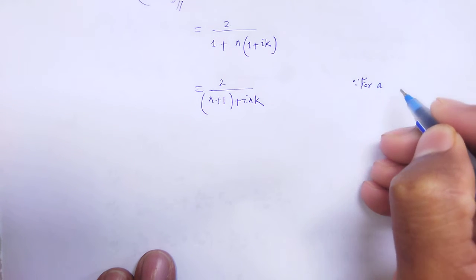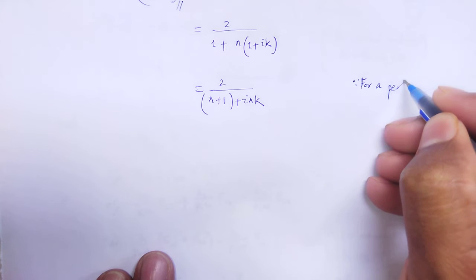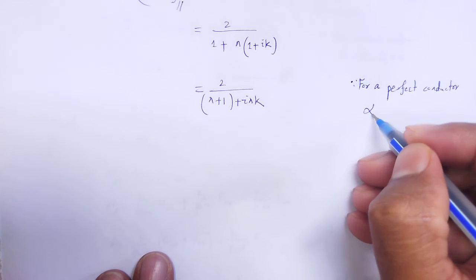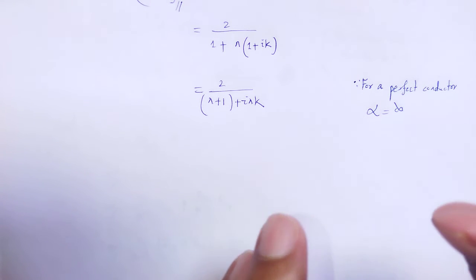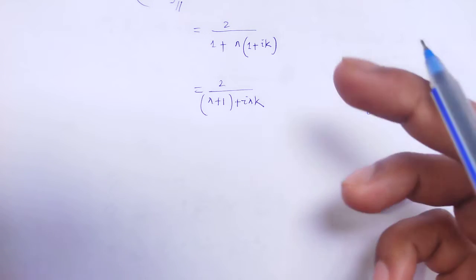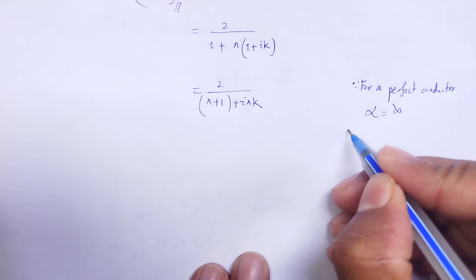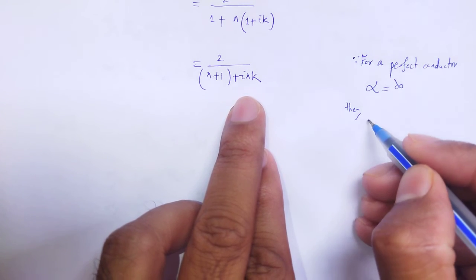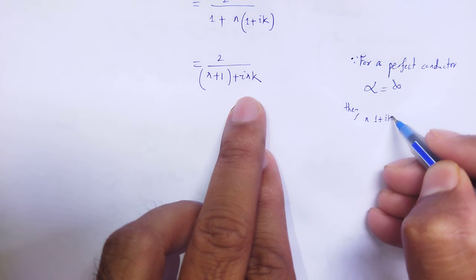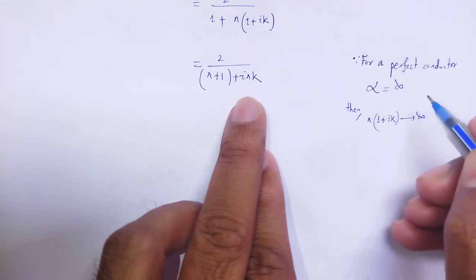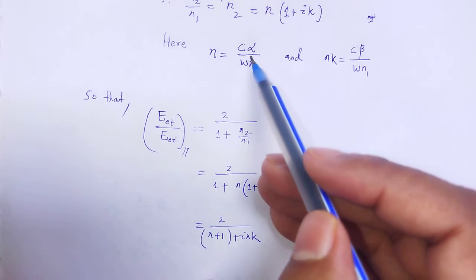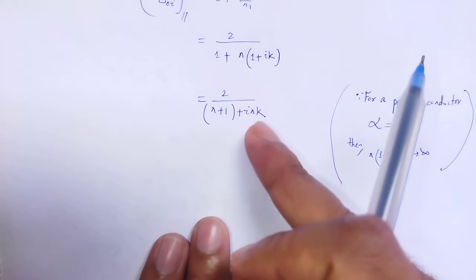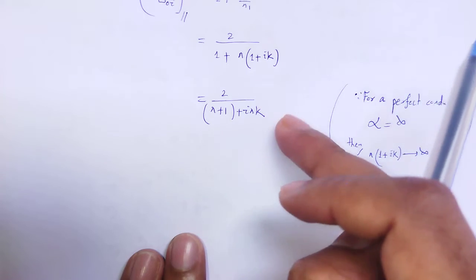For a perfect conductor, alpha is equal to infinity, that is the attenuation constant, the real part we show here. Alpha is equal to infinity. Then that term, as we say, N whole into 1 plus Ik tends to infinity, as alpha tends to infinity. Therefore n whole into 1 plus ik also tends to infinity, that numerator denominator part tends to infinity.